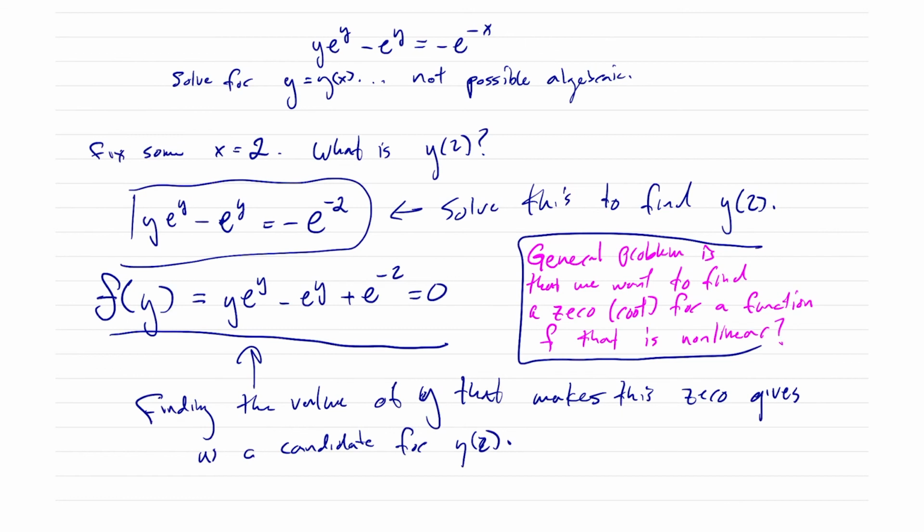Now, why do we care about nonlinear? Well, linear equations we can solve just with what we learned back in high school. Here we're trying to do something a little bit more complicated, and so f might involve sines, exponentials, cubes, cube roots, pretty much anything that you can think of, and we're trying to find some conditions on f that would allow us to implement some sort of routine to find a root.